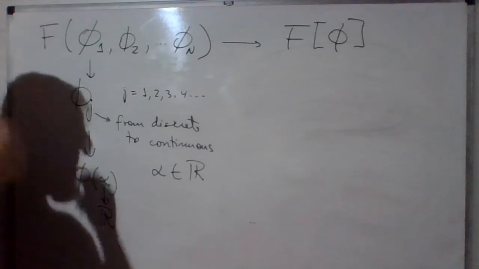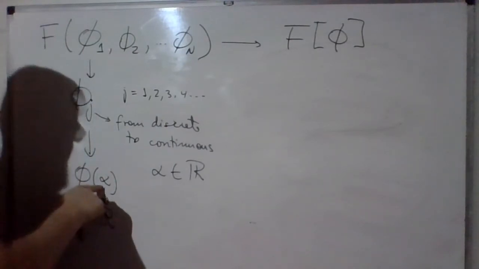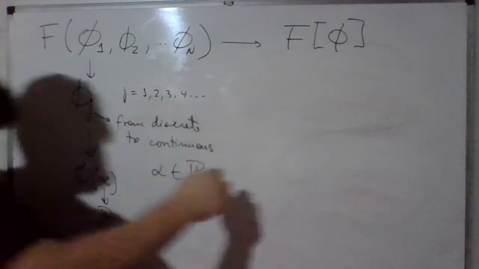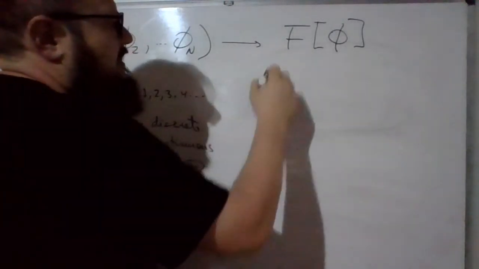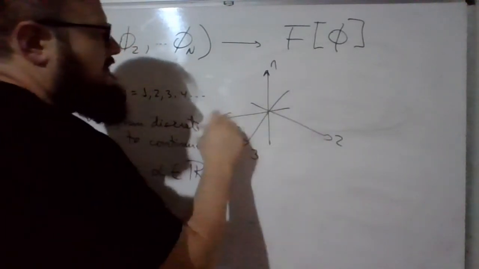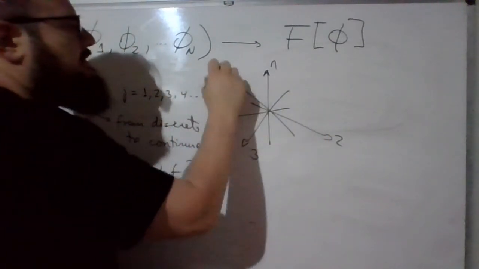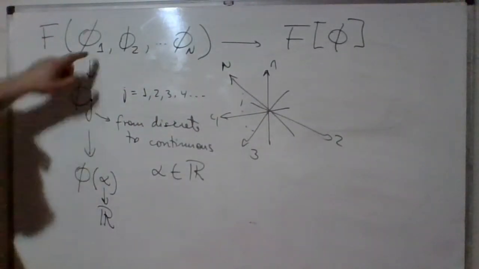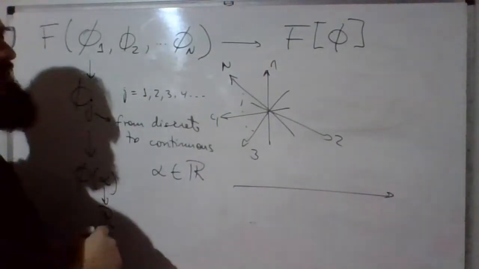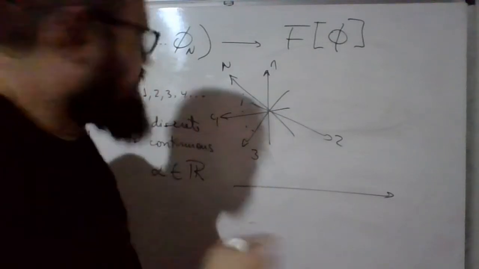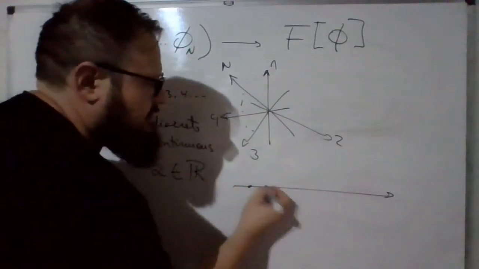So you could think about each of these numbers as being directions. So you have the direction 1, 2, 3, 4, and so on until you reach n. This could be just points in a straight line.